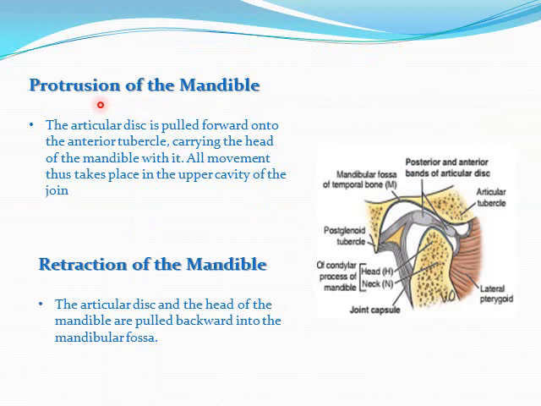So we have discussed the movements that occur at the temporomandibular joint along with the muscles that are responsible for these movements. Now we briefly discuss the mechanism of each movement, that is, how these movements occur at the temporomandibular joint. So first of all, the protrusion of the mandible. In protrusion of the mandible, the articular disc along with the head of the mandible is pulled forward onto the articular tubercle.